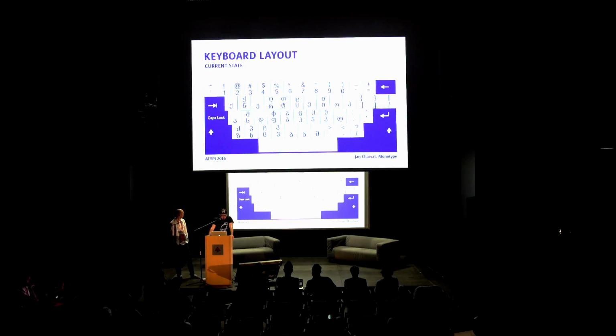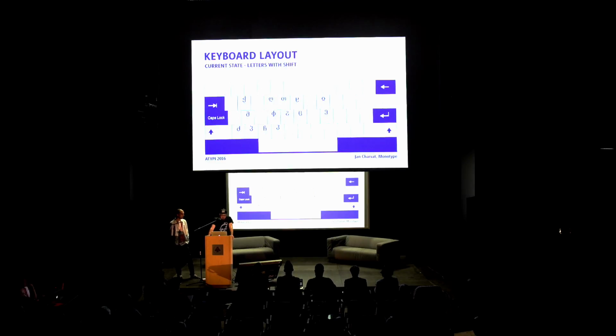The last thing, but not least, is how Georgians actually write. This is the current state of a keyboard layout, and you see there are some letters on top of each other. It basically means they are written with shift, but they are still lowercase, written with shift. So that's kind of problematic.